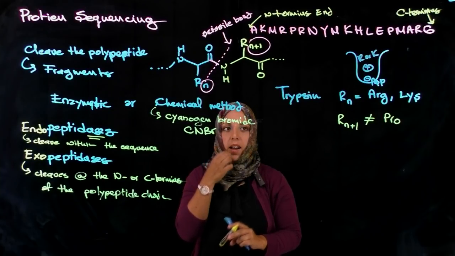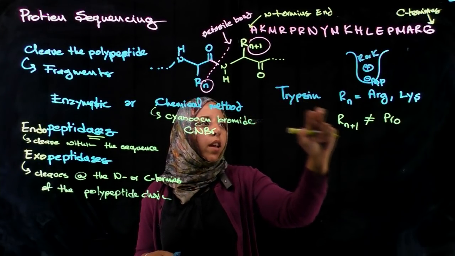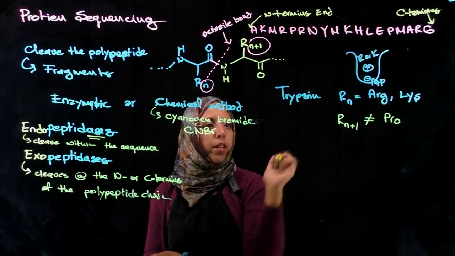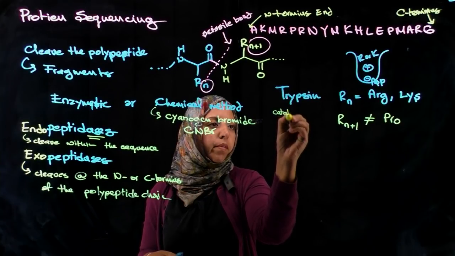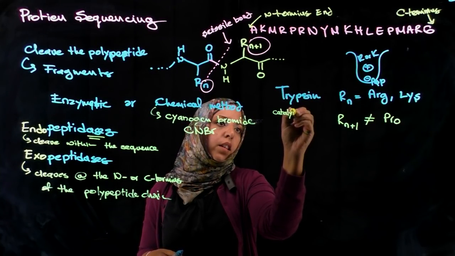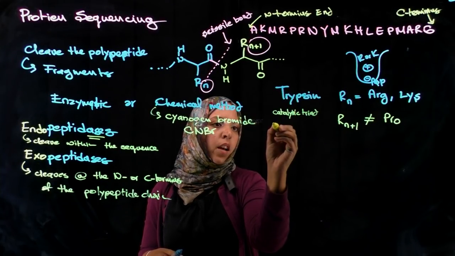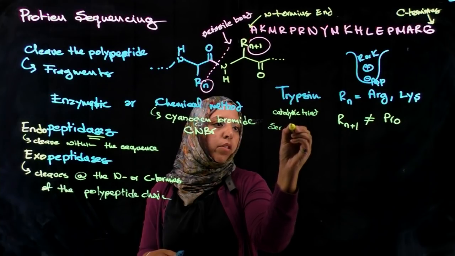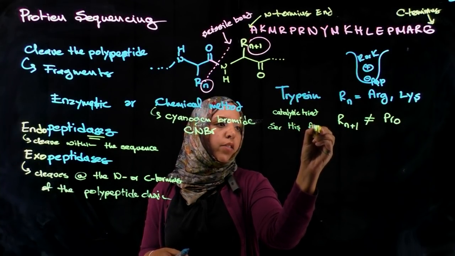It also has 3 amino acids that are quite essential in cleaving that particular peptide bond, and we call those the catalytic triad. There's a serine residue, there's a histidine residue, and there's an aspartic acid residue.